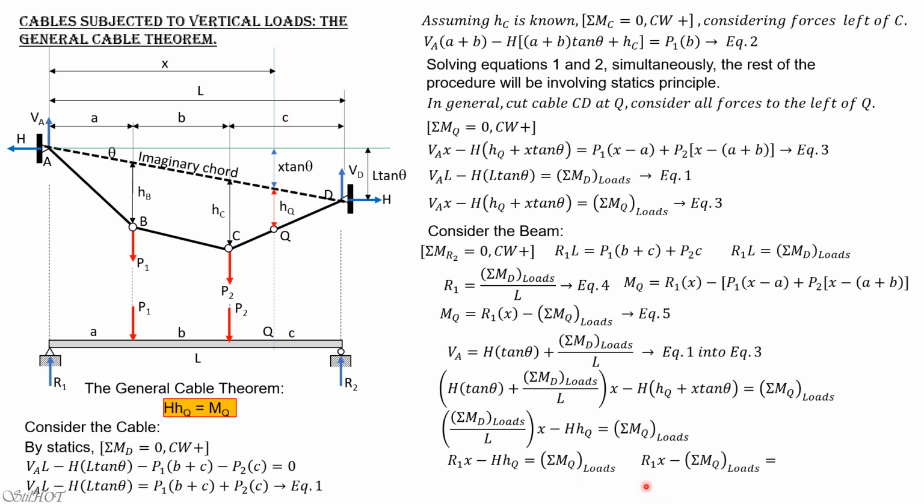So R1X minus summation moment about point Q due to the loads equals HHQ. We transpose this term to the left. So that's the expression. And take note from equation 5, we interpreted this as MQ. So therefore, we have verified the theorem that it is correct. So MQ equals H times H sub Q. That's the general.